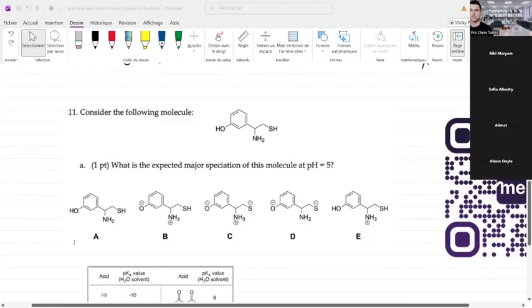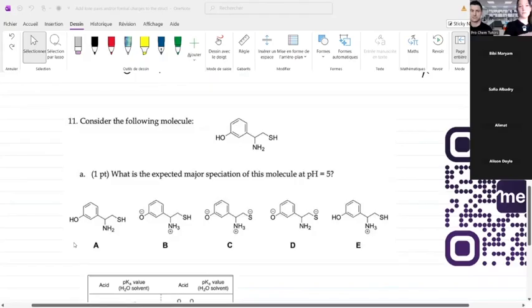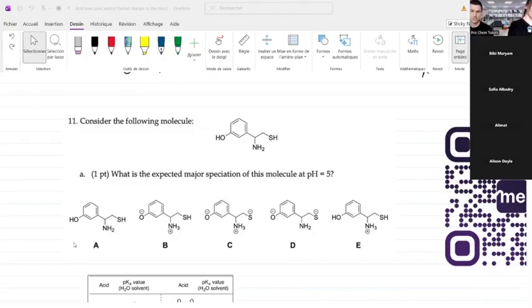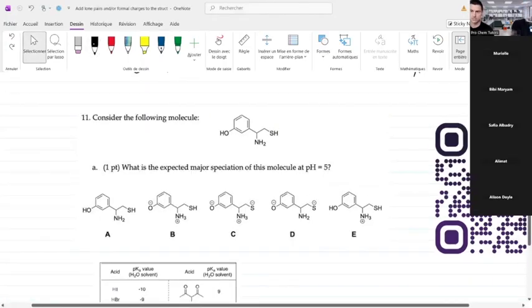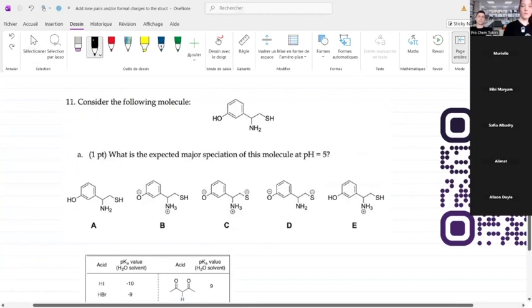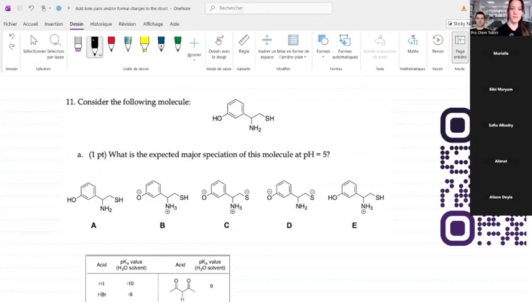Okay, let's jump into question 2, acid-base reaction. I know this is a problematic concept for many of you, but I'm going to try to break it down today. This is one of the questions I found on one of the midterm 2s.